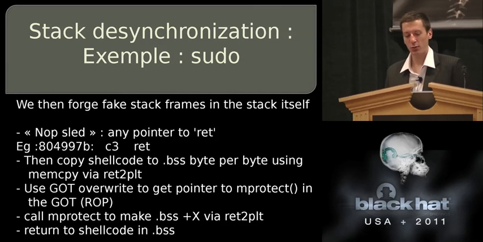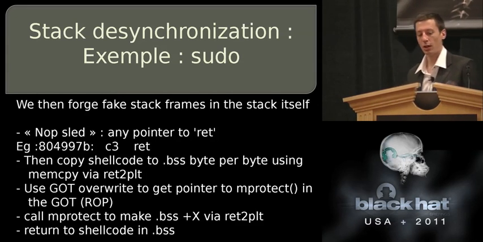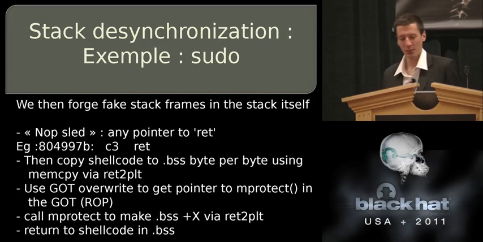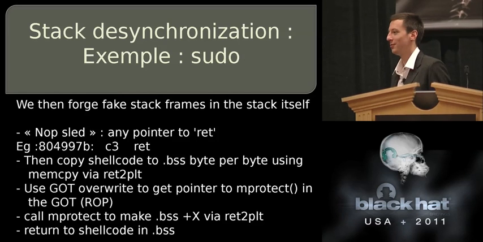So this is a way to introduce mprotect inside the GOT. Anyway, after that we go back to ret to PLT, and when I say call mprotect, we actually call the slot of printf. This allows us to change the memory permissions on the BSS, and then we just return to our shellcode. Any question?